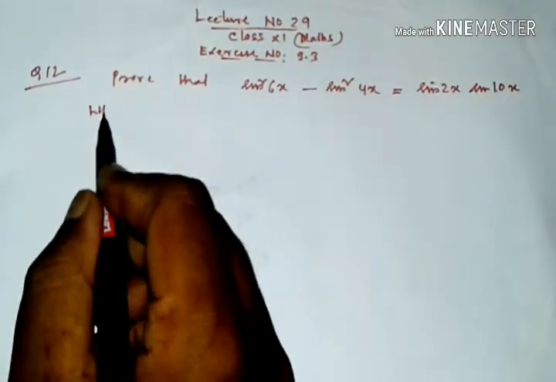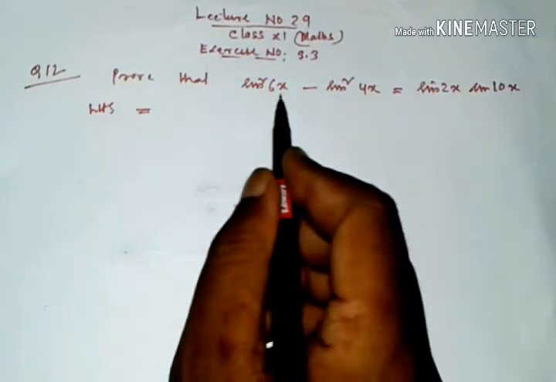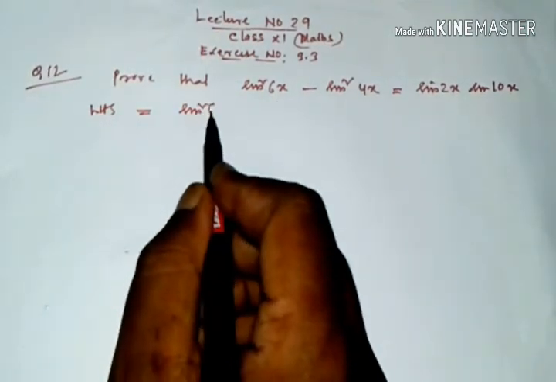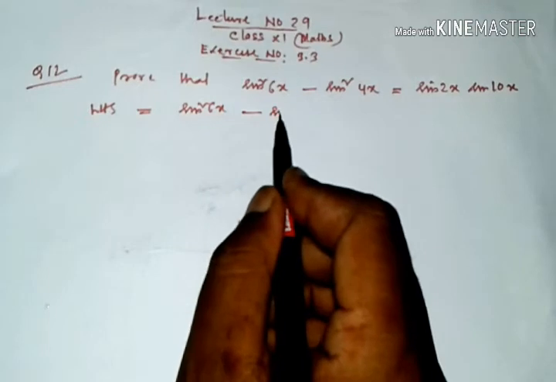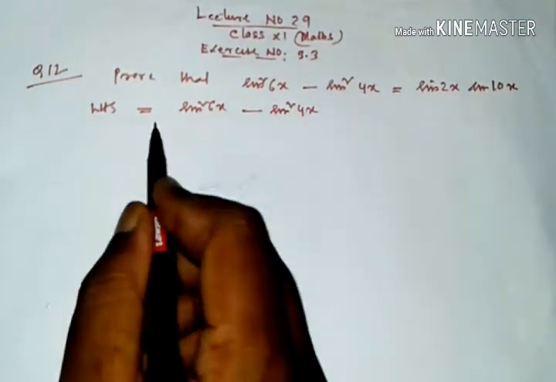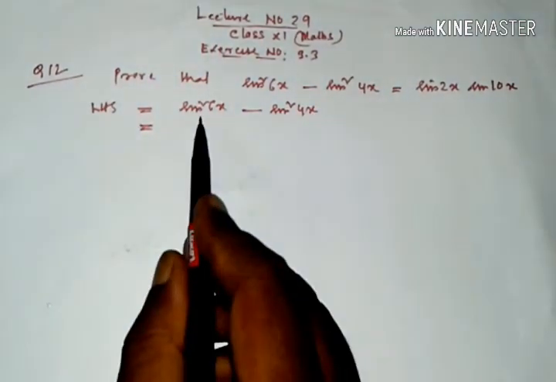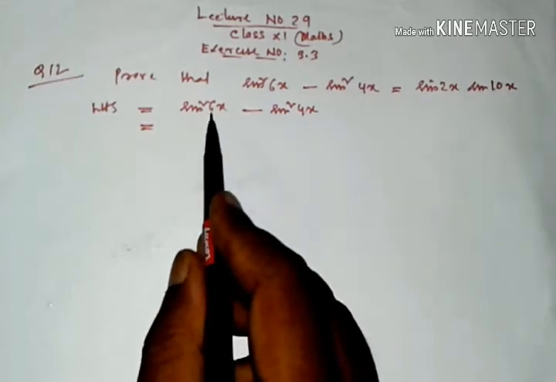Now LHS: sin square 6x minus sin square 4x. Now it is an identity, a square minus b square.